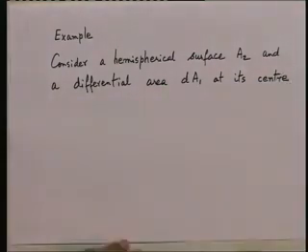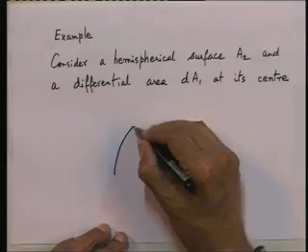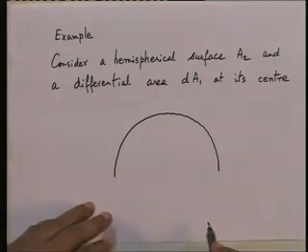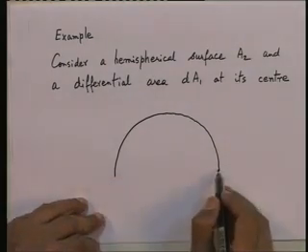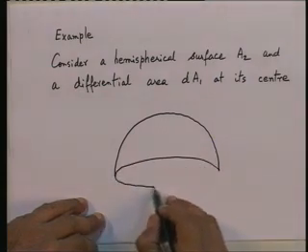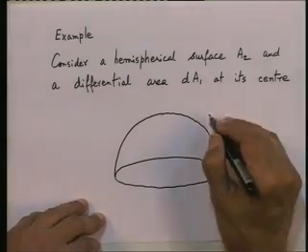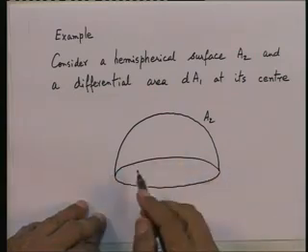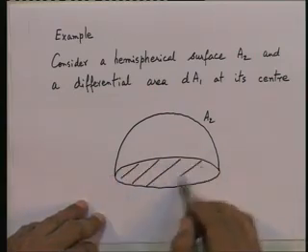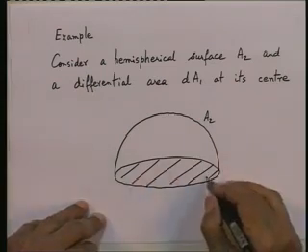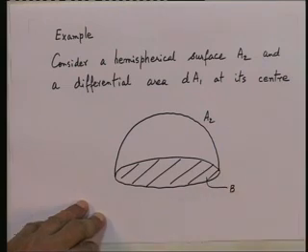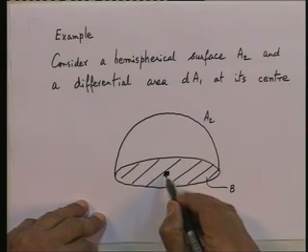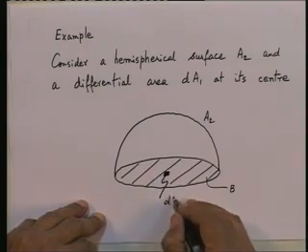Okay. Let me draw that. Suppose now I have, let us say, a hemispherical surface which I will call A2, and the plane surface closing it at the bottom we will call B, and at its center here let us say this is dA1, all right.